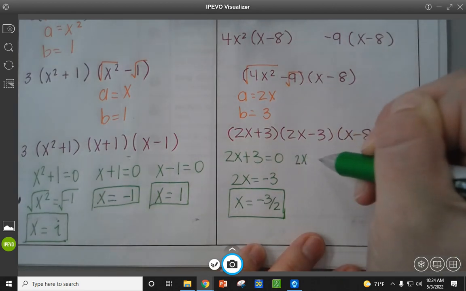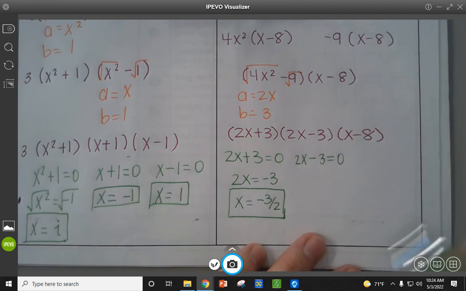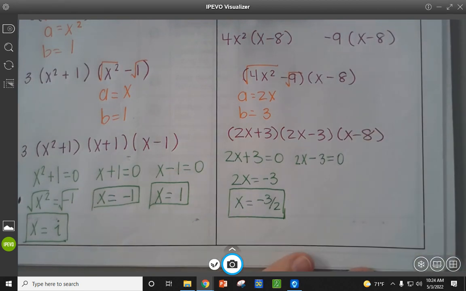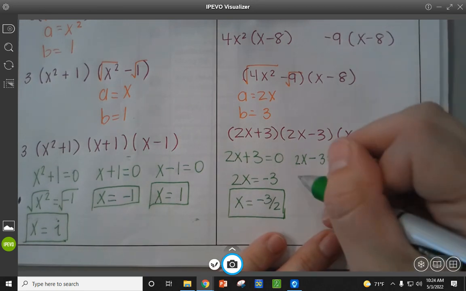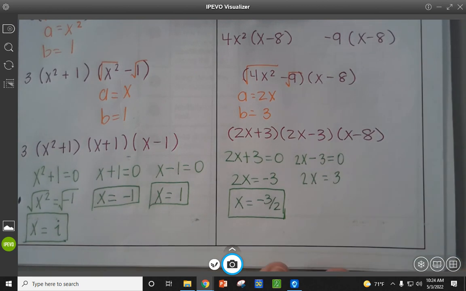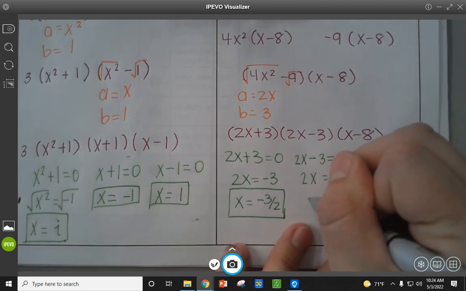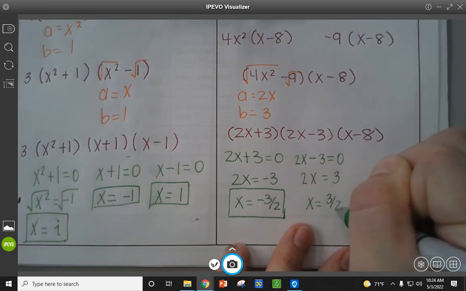Then we have 2x minus 3 equals 0. We add 3 to both sides to get 2x equals 3. And then we divide by 2 to get x equals 3 over 2.